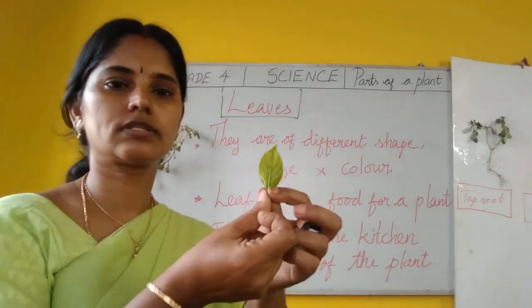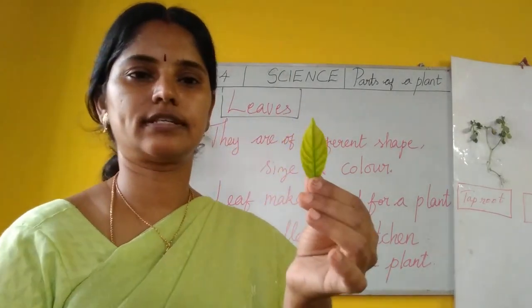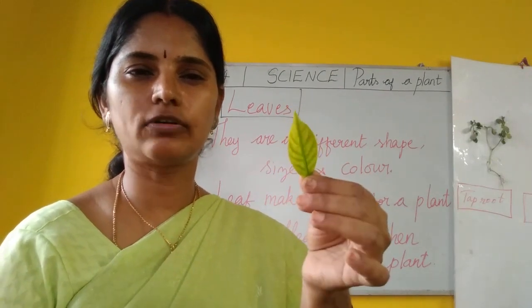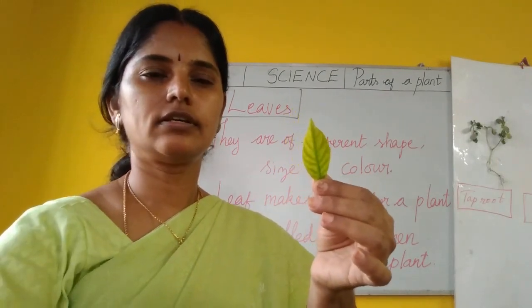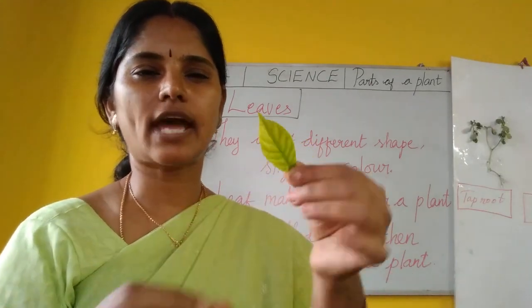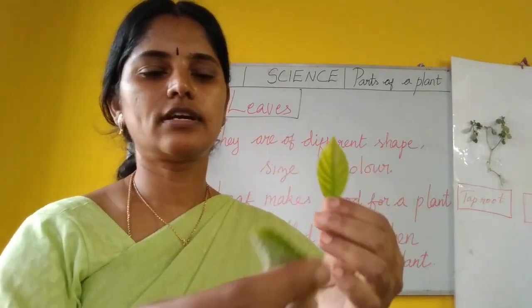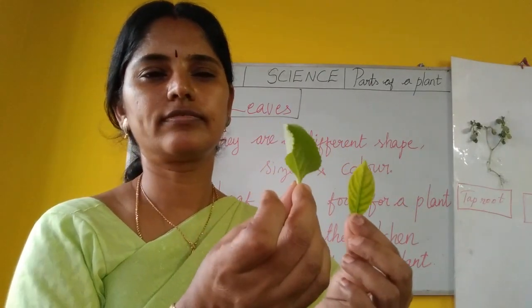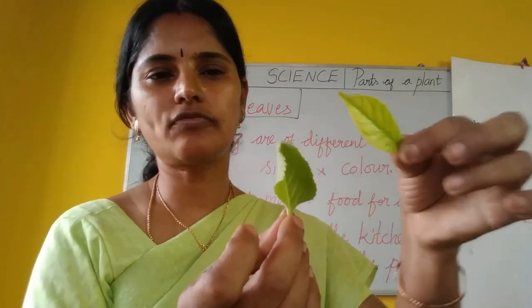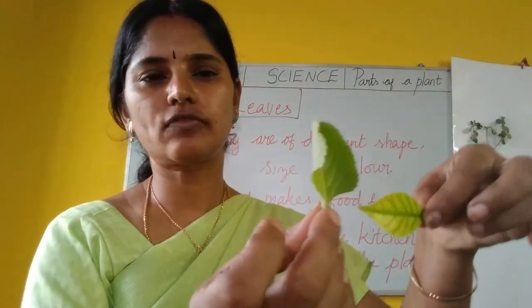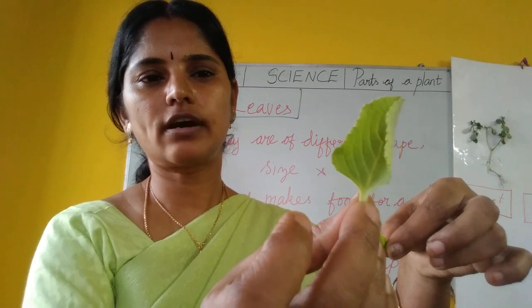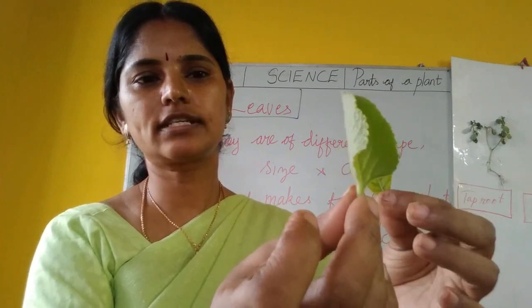See how it looks. It looks different. Look at the color of the leaf also. It is different. It's a very thin, soft, shiny leaf, isn't it? Look at the edges of the leaves. So they are different, isn't it?